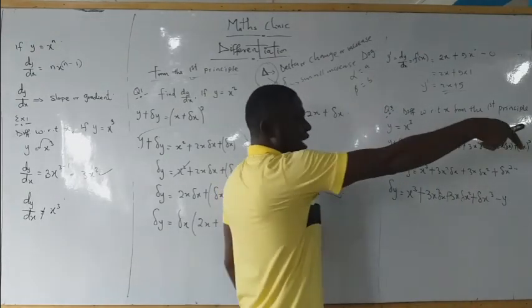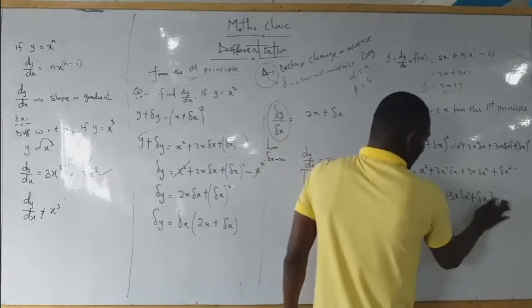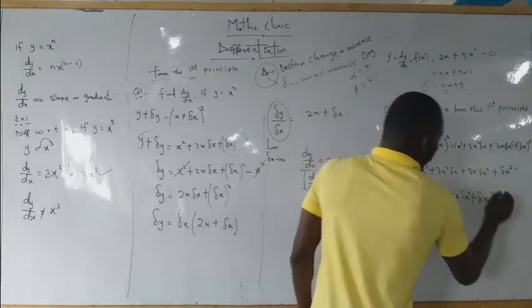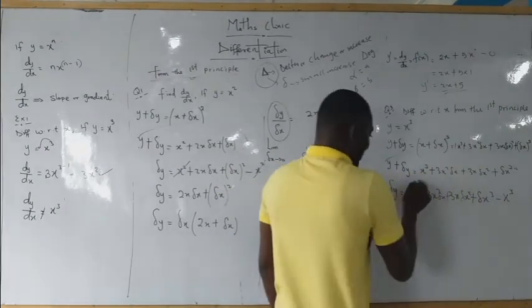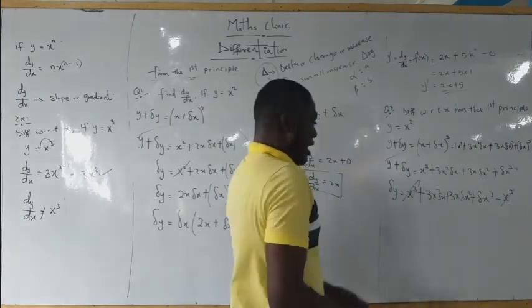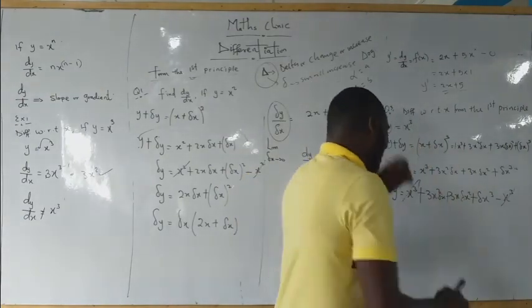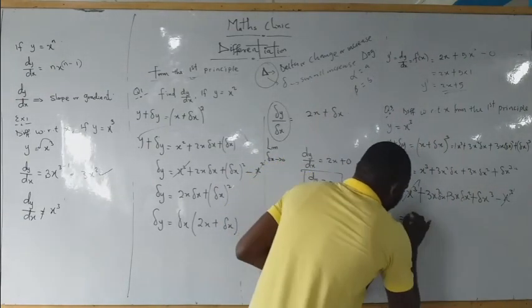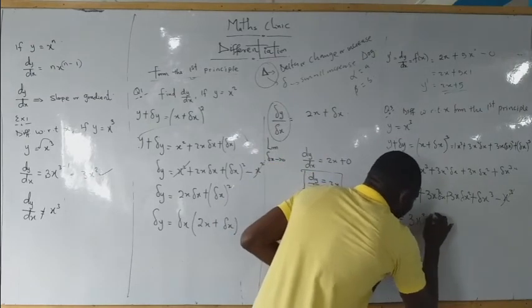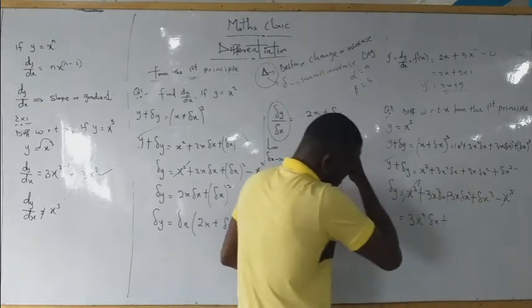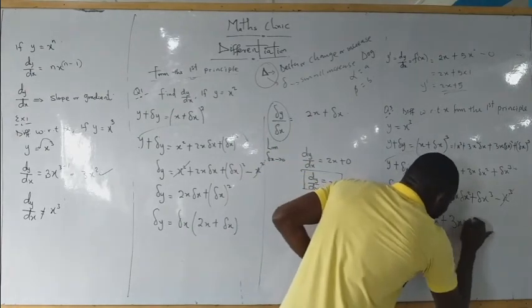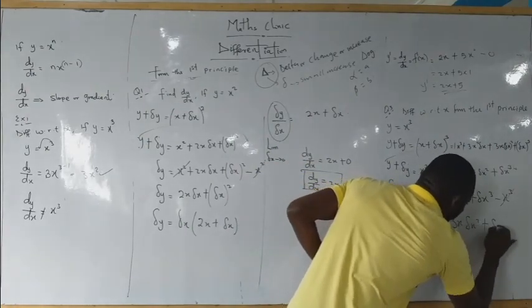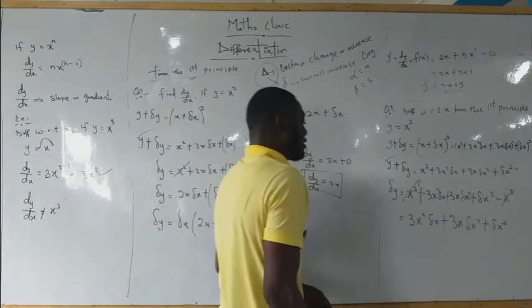Whenever any number or alphabet crosses an equality sign, it will change to minus. What's the value of y? y is x cubed. Okay? This and this will go. x cubed minus x cubed is 0. We are left with 3x squared dx plus 3x changing x squared plus changing x cubed.